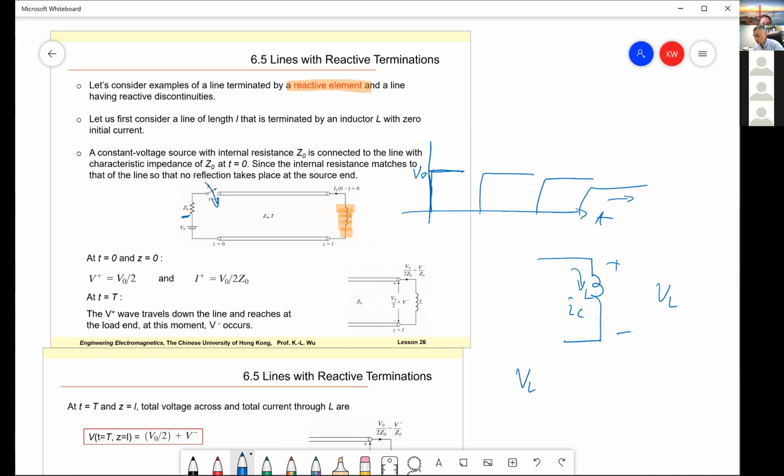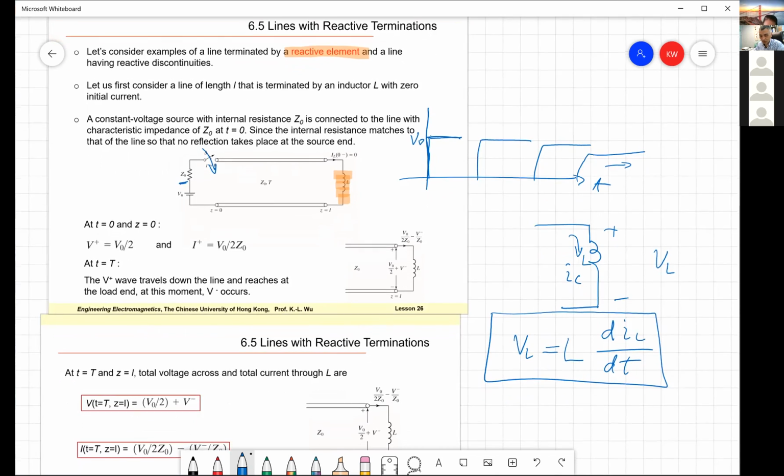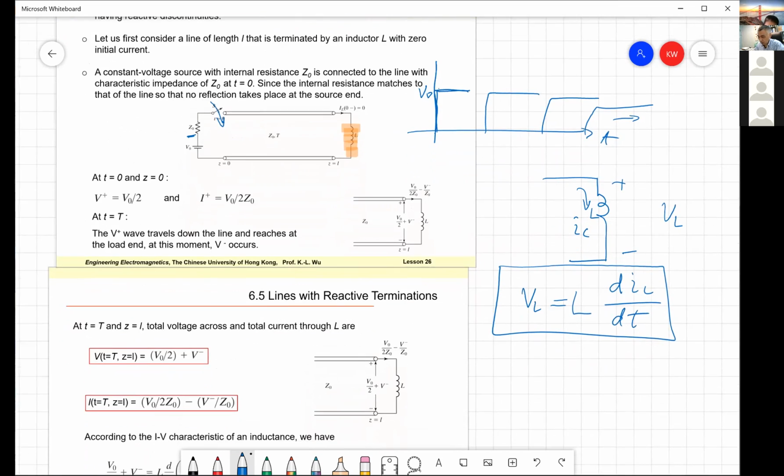We know the relation of current and voltage across an inductance. This is the definition. No question about it.